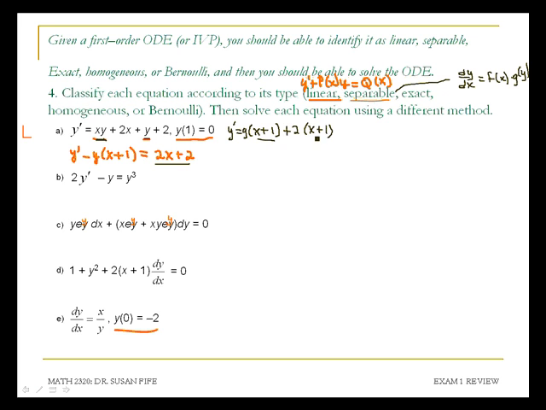And then this x plus 1 factors to leave me with a y plus 2. So notice here I have my derivative written as a function of x times a function of y. This equation is separable. So for separable, I'm going to put an S here.